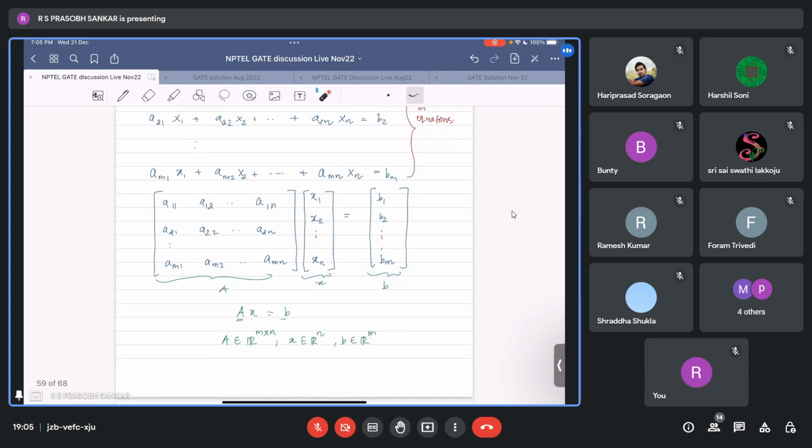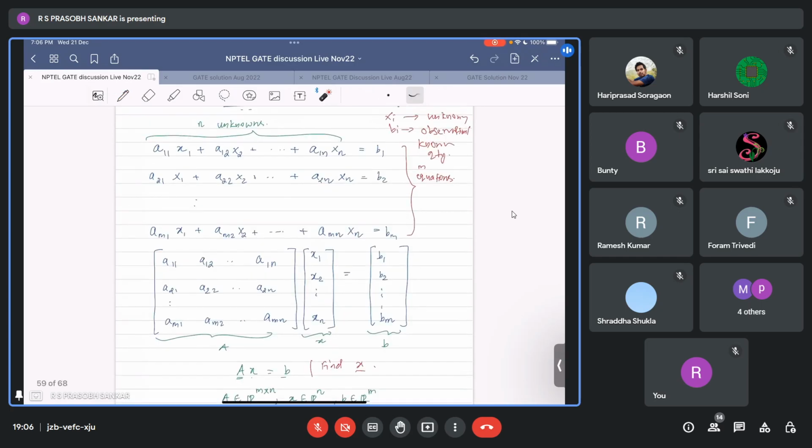So the system of equations can be written compactly as Ax equal to b, where A is known as the coefficient matrix, x is the unknown, and b is the observations or the measurements, something that is known. Our objective is to find x.